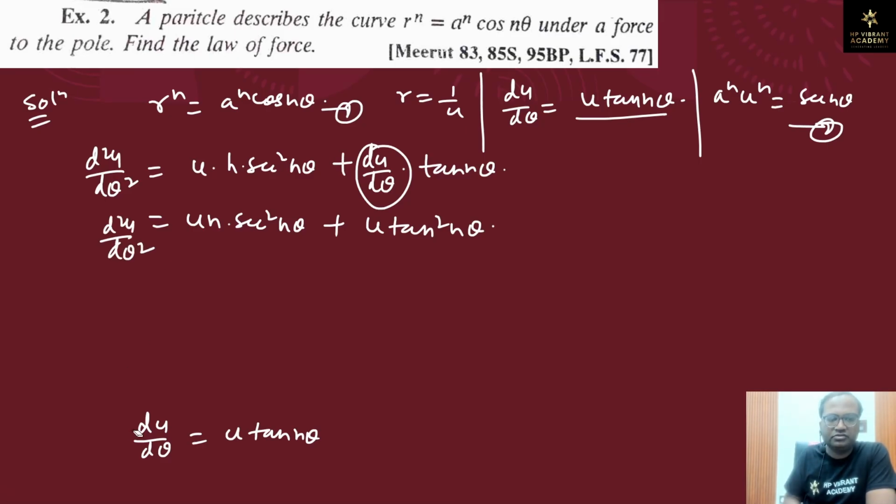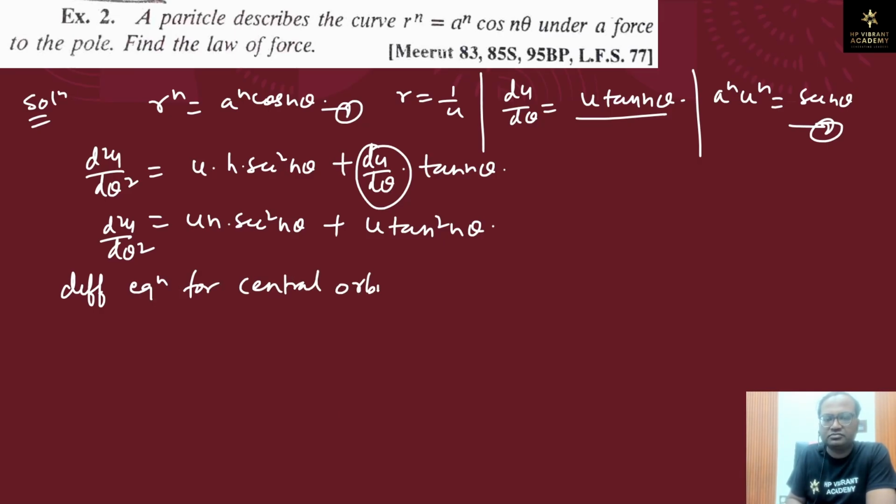Okay, so now we have the differential equation for the central orbit in polar form as d2u upon d theta square plus u is equal to p upon h square u square.